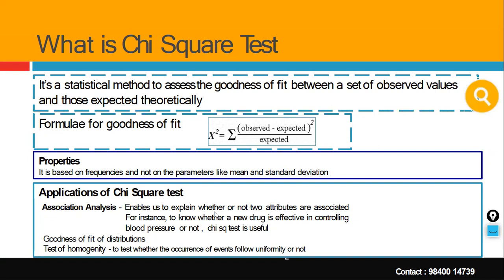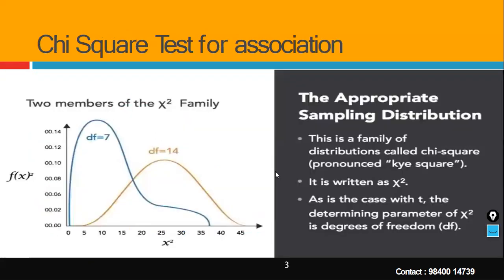So in what scenarios can I use the chi-square test? Association. We want to find out whether any association exists between two categorical variables. In that kind of situation, we can use the chi-square test. Apart from this, you can conduct the chi-square test to find the goodness of fit of distributions, and to test homogeneity also. But the association analysis is the one widely used.